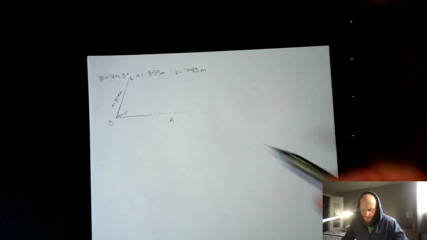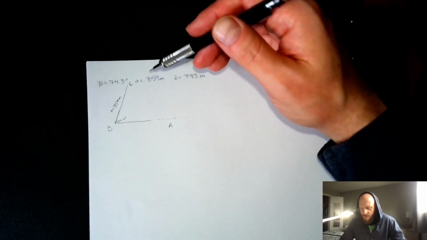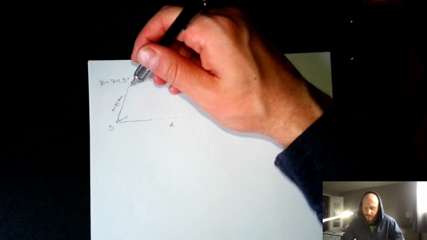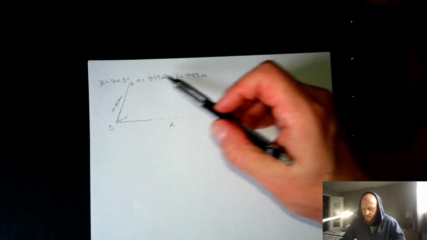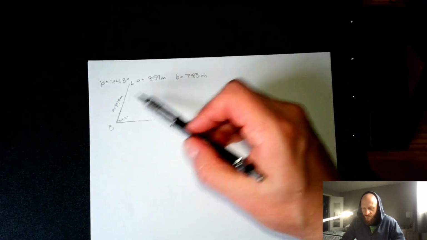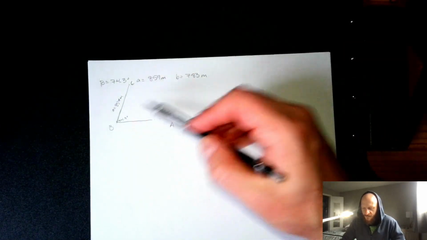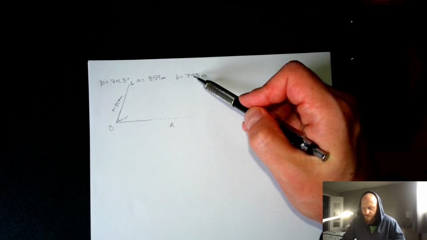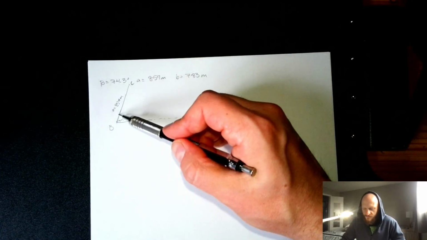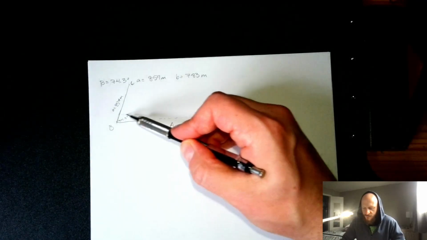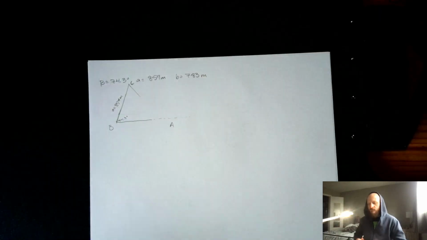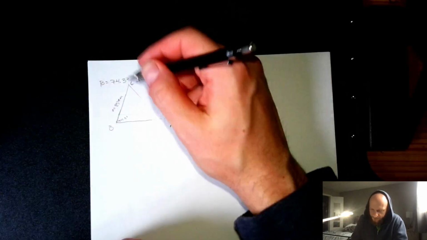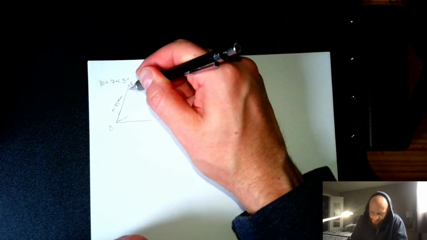Side B is hanging. For my diagram, this is 859 meters. B is about 100 meters shorter, so it's maybe right here. This would be side B, but I can't assume anything based off of my picture.